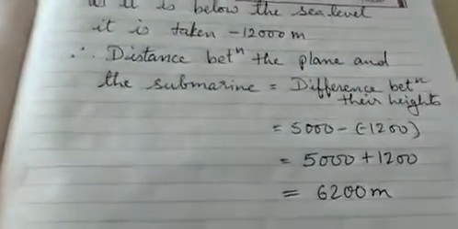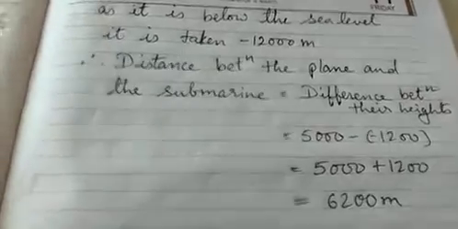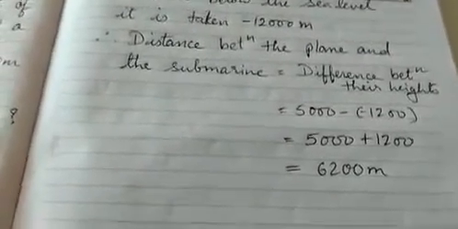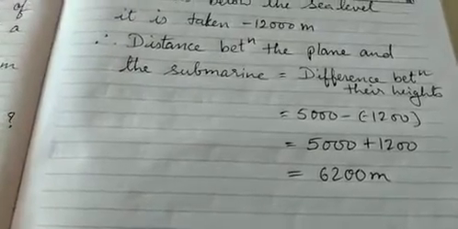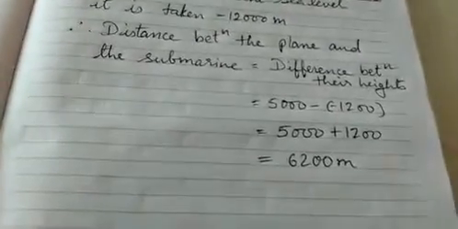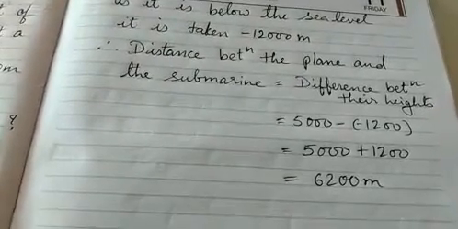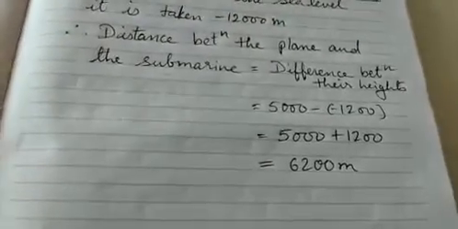Now what is the distance between the plane and the submarine? Vertical distance will be the total height from submarine to the plane. So 5000, again we find out the difference. To find out the distance we subtract.